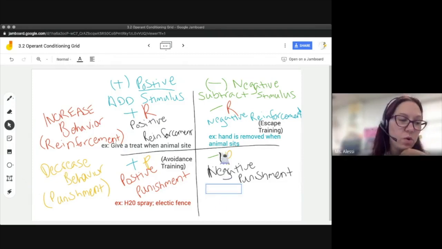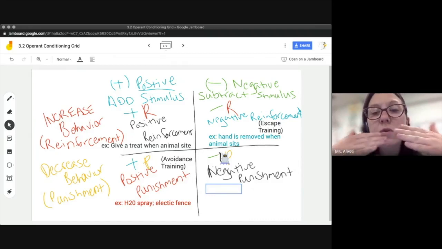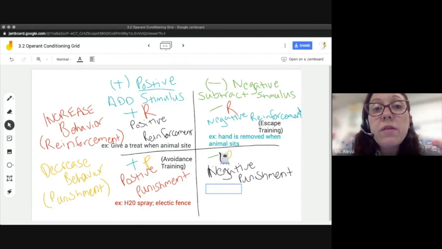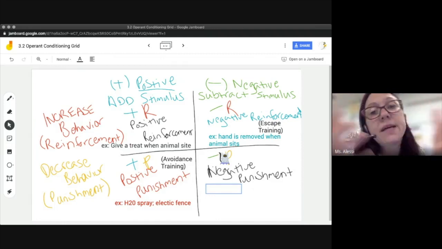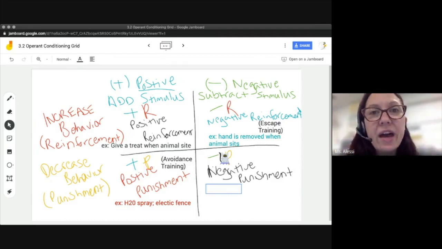So this one, this is where an animal tries to seek out attention, right? So you have those animals that jump. Well, if we coddle the animal, we're like, oh no, get down, get down, get down, you're paying it attention, right? You're giving it what it wants. But versus that, if the animal jumps on you and you just turn your back and walk away, that animal's lost you.